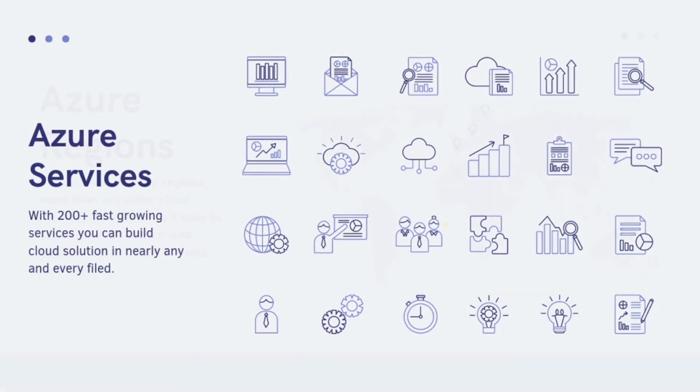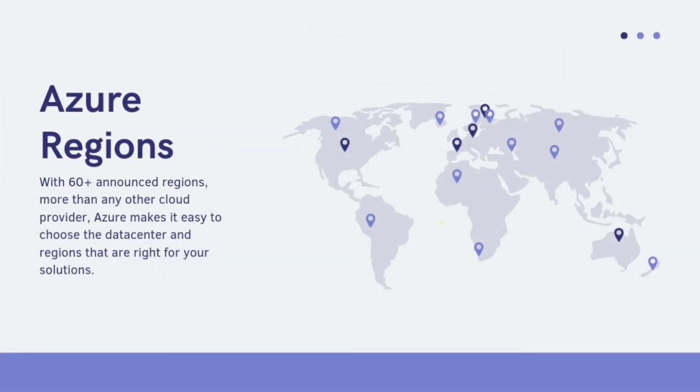And as I told you, Microsoft Azure is a highly resilient cloud computing platform with its 60 plus announced regions where they keep their data centers, with region pairs. More than any other cloud provider, Azure makes it easy to choose the data center and regions that are right for your solution.